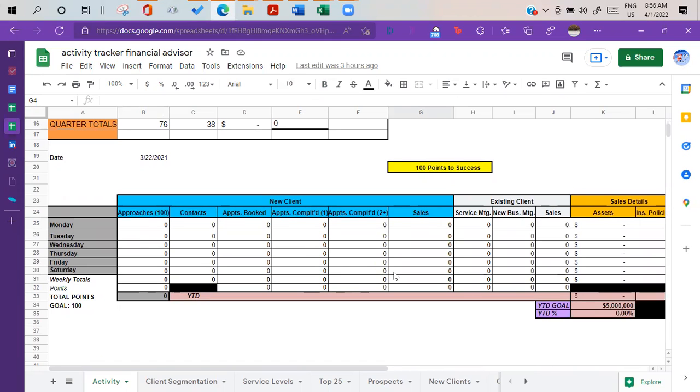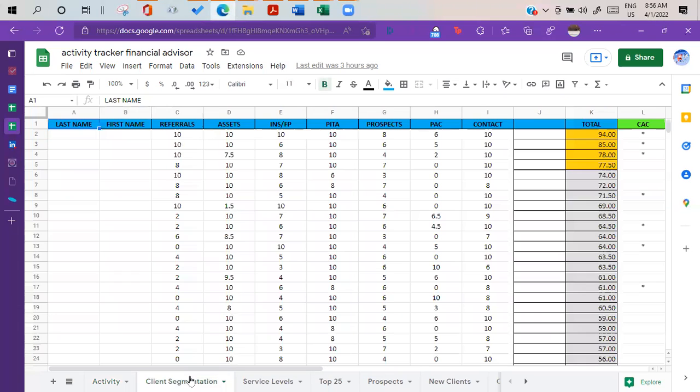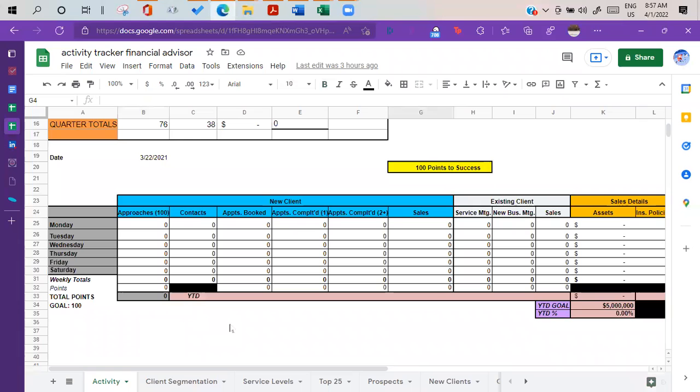And he had a point system, and it creates a game of it. If you hit 100 points, you do well, because you can't control how many people are always going to see you or are going to cancel. So this one goes into great detail, but the premise of it is the same, and you've got to start tracking it. And then he went into segmentation too, and we'll talk about that down the road.